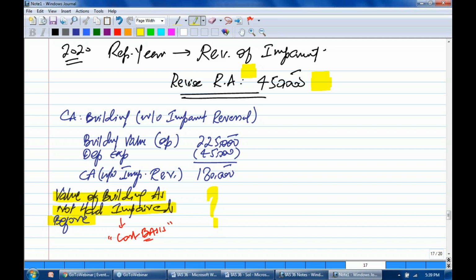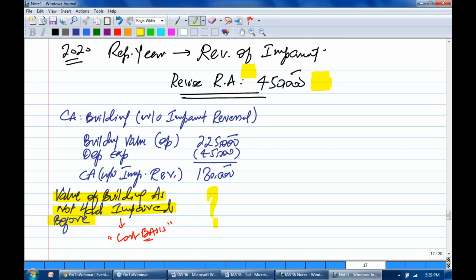So actually we are here to discuss the reversal of impairment, how much maximum the reversal of impairment exists here. We will not consider the new recoverable amount as a reversal of impairment.